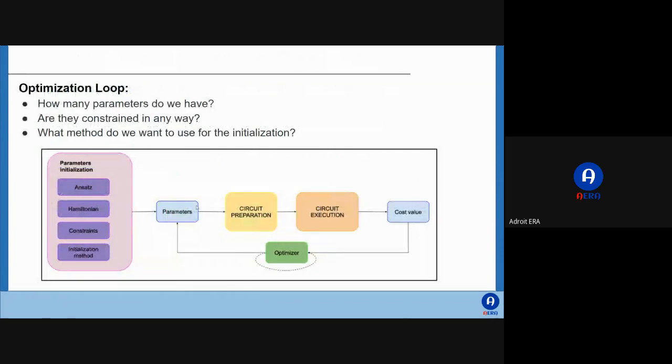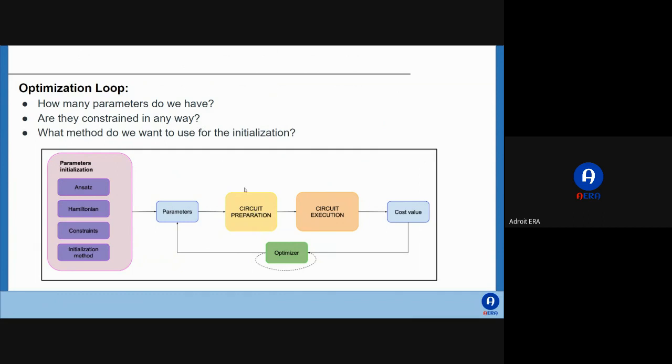So yeah, as I have discussed, the optimization loop, right? These are all the parameters that you have in a variational quantum algorithm: ansatz, Hamiltonian, constraints, and initialization methods. There are a lot of methods to map the Hamiltonian to the qubits, so choosing the method can also be a parameter. Choosing the best method is really important. All these parameters go to the circuit preparation.